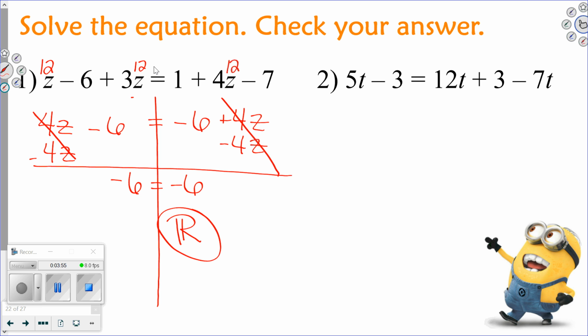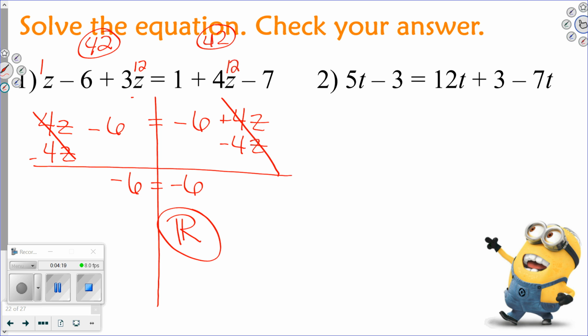So I'm going to be lazy, use my calculator here. So 12 minus 6 plus 3 times 12. This side would give me 42. If I do that side, 1 plus 4 times 12 minus 7, I get 42. Plug in a 17.